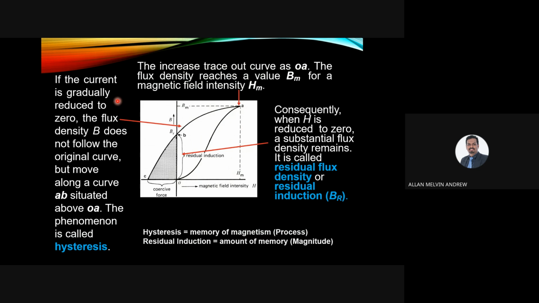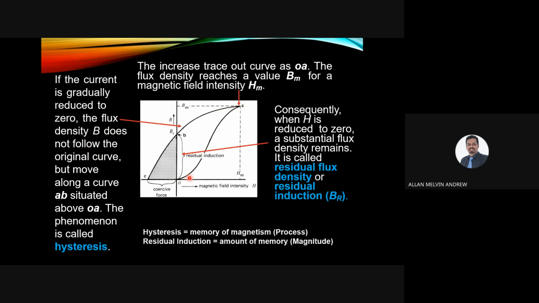So if the current is gradually reduced to zero, slowly you reduce your current, the flux density B does not follow the original curve. Earlier we increased the current, so it went up to the maximum here. Suppose when we remove the current, it must follow the same pattern, but that will not happen in electromagnetism.